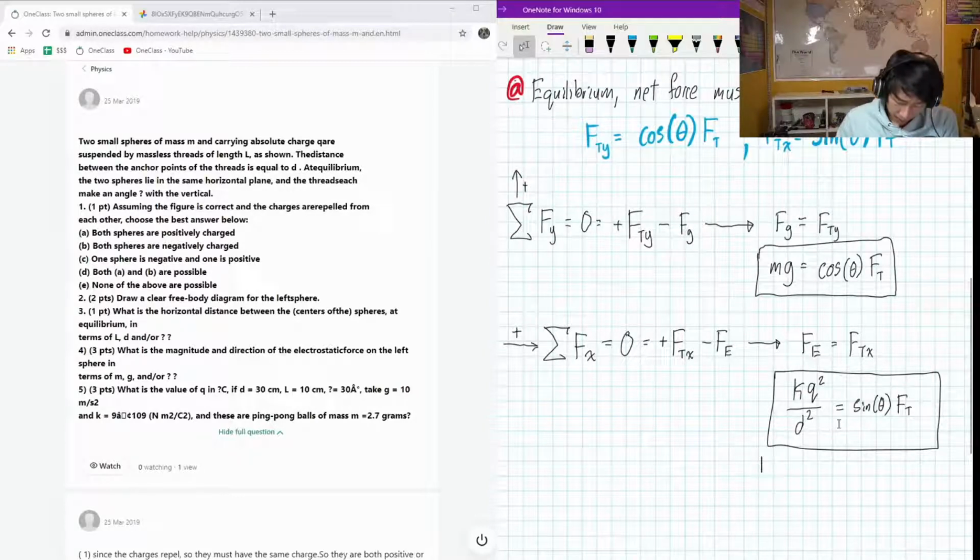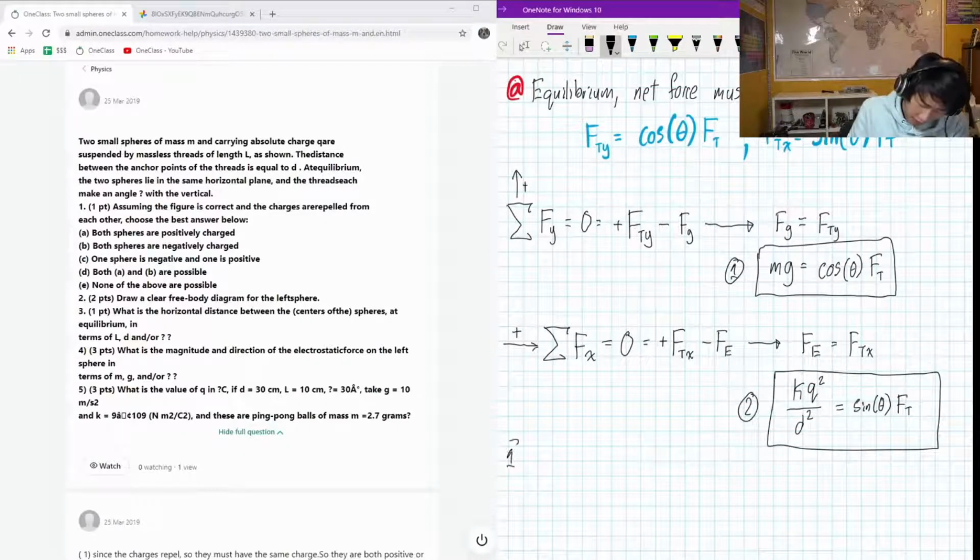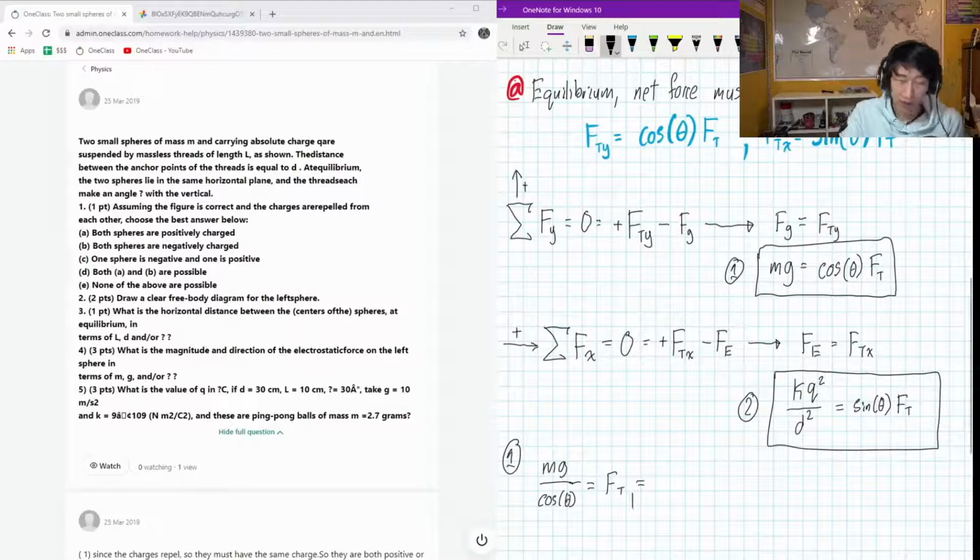D. Okay, so if we want to isolate Ft here, let's call this equation 1 and this one equation 2. From equation 1, we can see that mass times gravity divided by cos theta is going to be equal to the tension force. And the tension force, if we were to isolate it here, we would do the same thing.